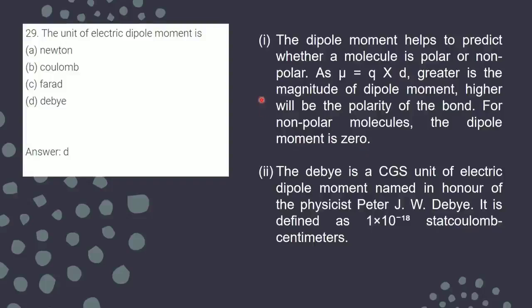This is the physical significance of the dipole moment, which we have already discussed in detail, but you can add to your knowledge so that whenever it comes you have clarity in your mind why we are talking about dipole moment, what is the use of this, and for what molecules it is 0. For non-polar molecules the dipole moment is 0 because they are not separated.